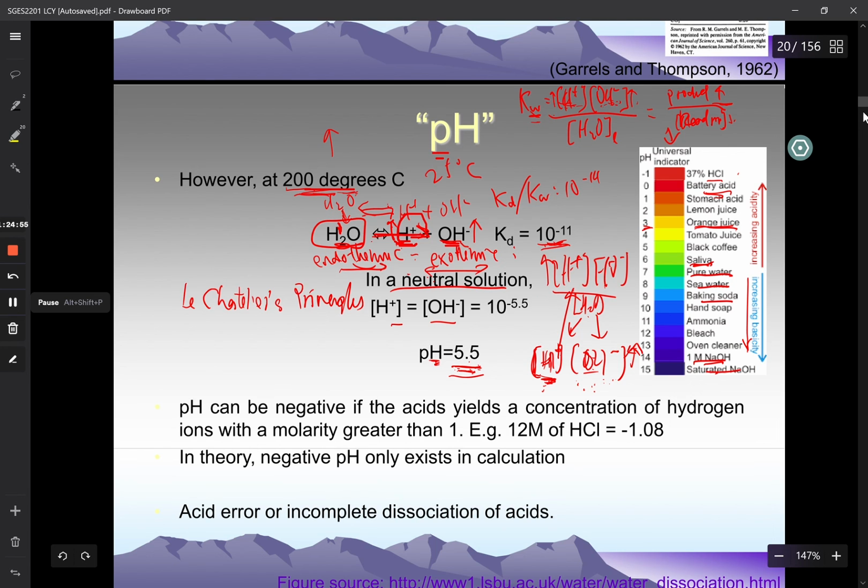So bear in mind, the values of this pH are reported at 25 degrees Celsius and 1 atmosphere. Okay, so it may change as we increase or decrease the temperature, as I showed you just now in these calculations.